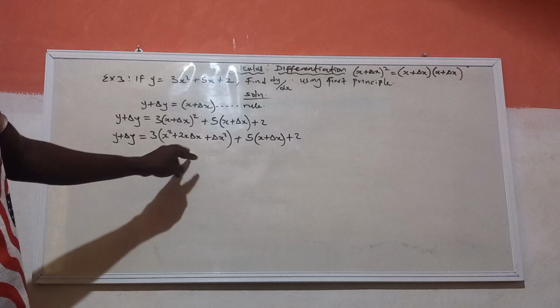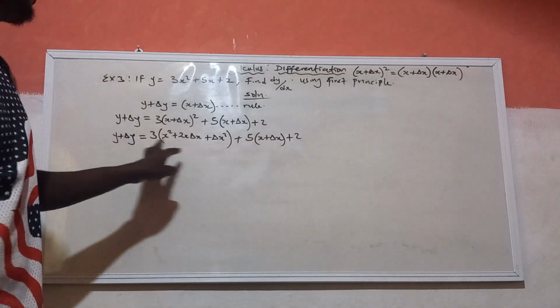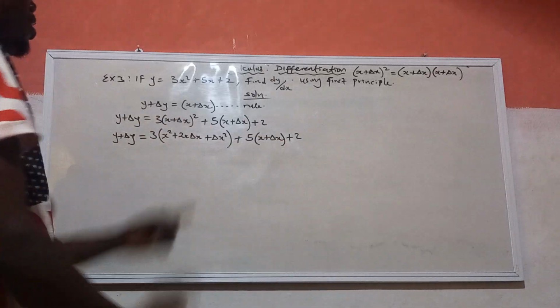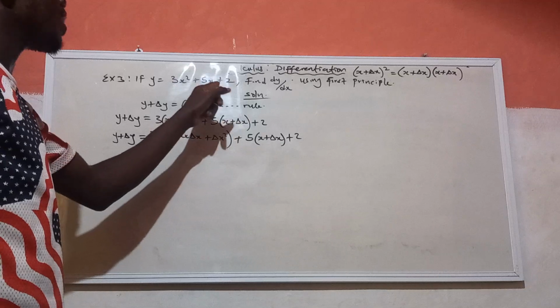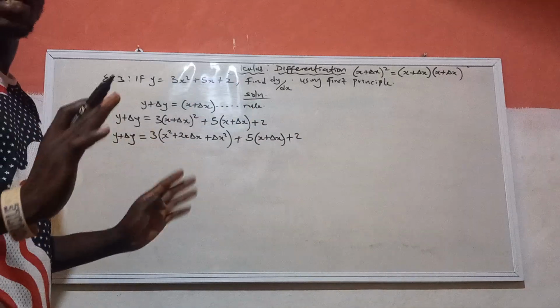The 3 should multiply this bracket, the 5 should multiply this bracket, then plus 2. Don't forget the 2 did not have x, so we leave this 2 the way it is.